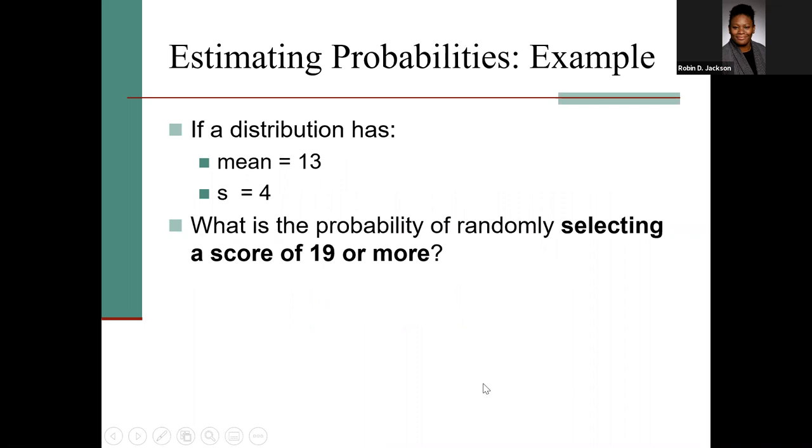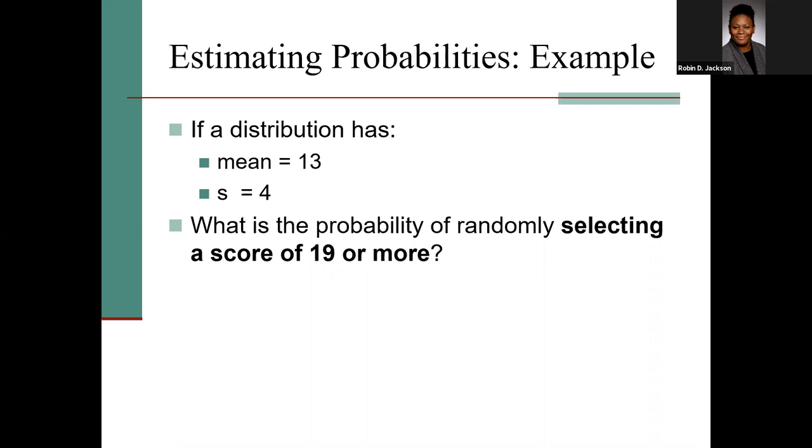All right, now we're going to look at an example using z-scores. What you might want to do is take a moment to write this information down because I'm going to go through this example on the next slide.